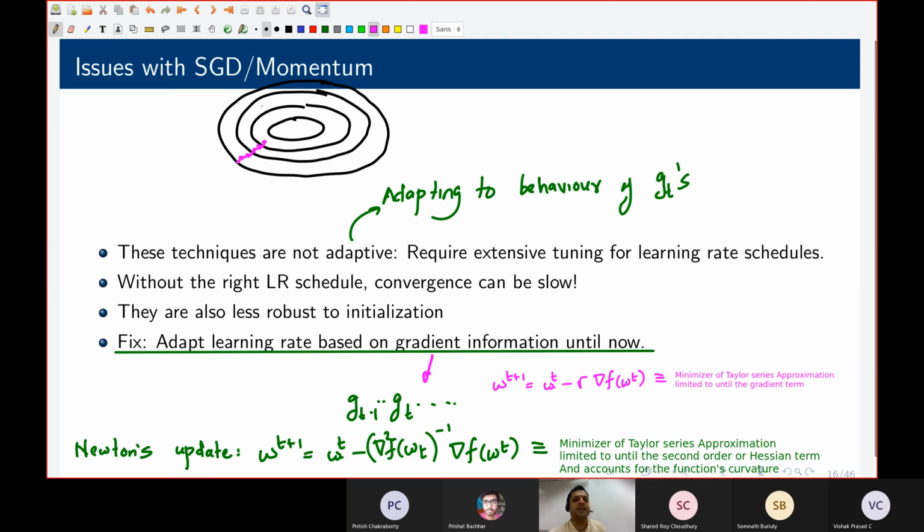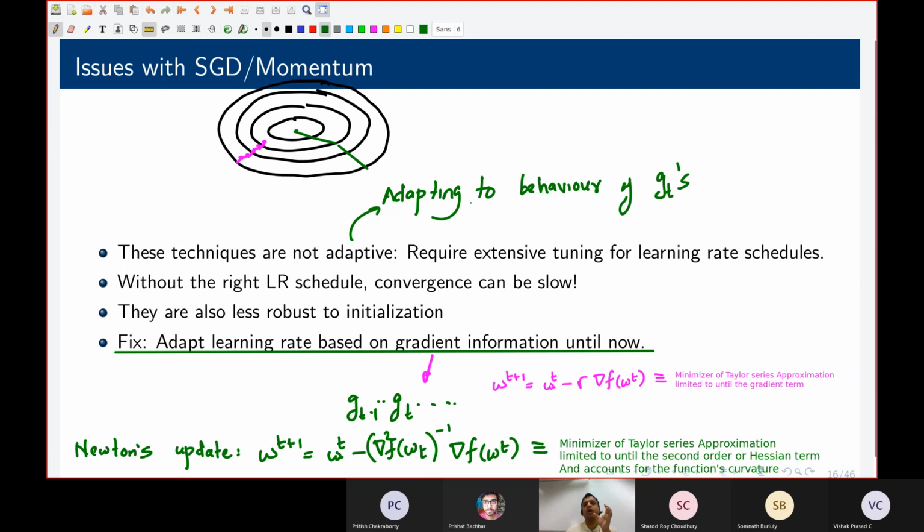Whereas the Hessian based update, even if I'm beginning somewhere like this, it'll detect that the overall shape is curved towards this point. In fact, you can even take large steps around this, right? So it'll move very quickly along these in this direction.